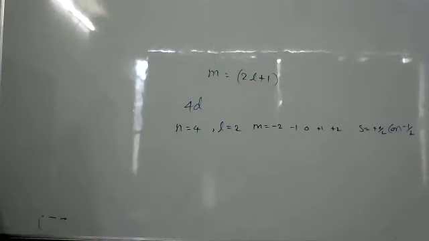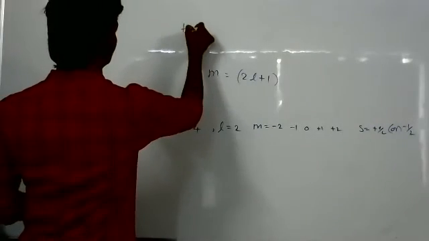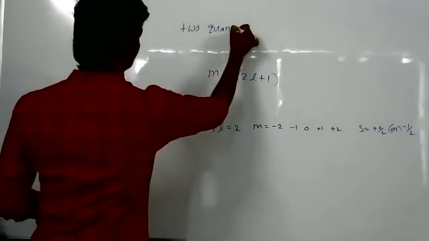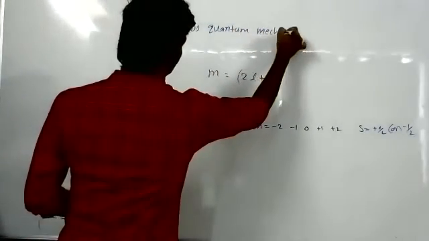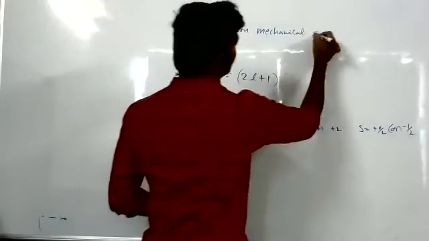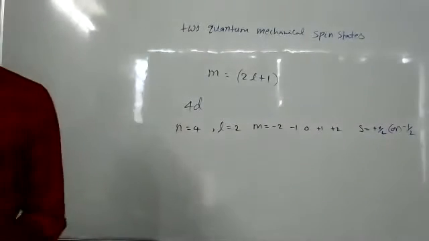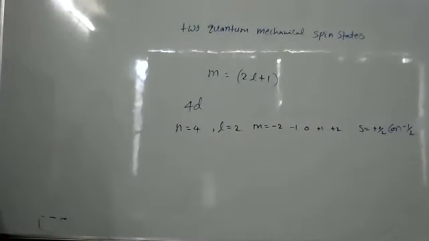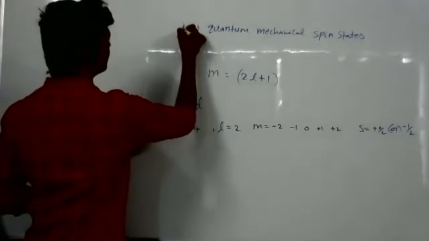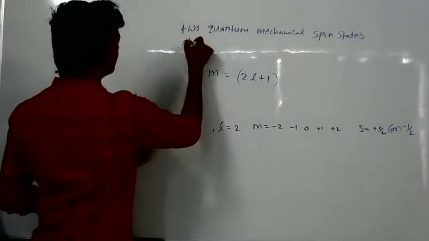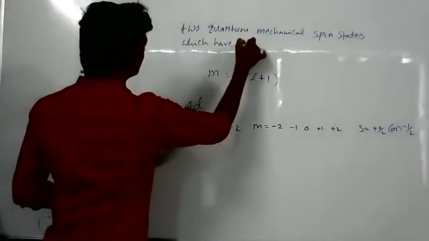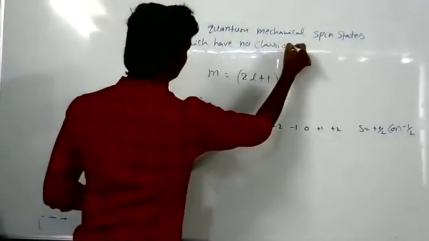Option D is two quantum mechanical spin states which have no classical analog. Sir, is it option D? Yeah.